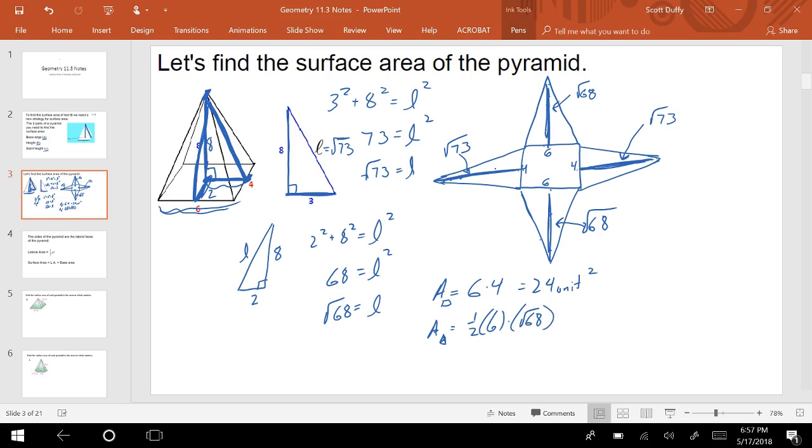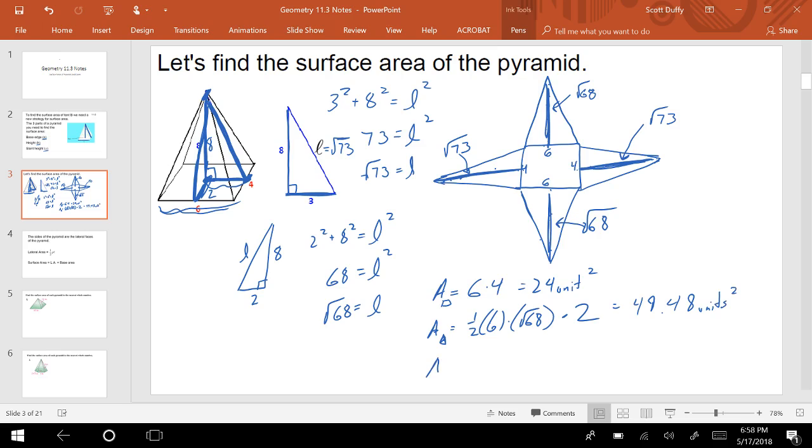But there are 2 of them, so I multiply that by 2. And I get, for those two, 49.48 square units.